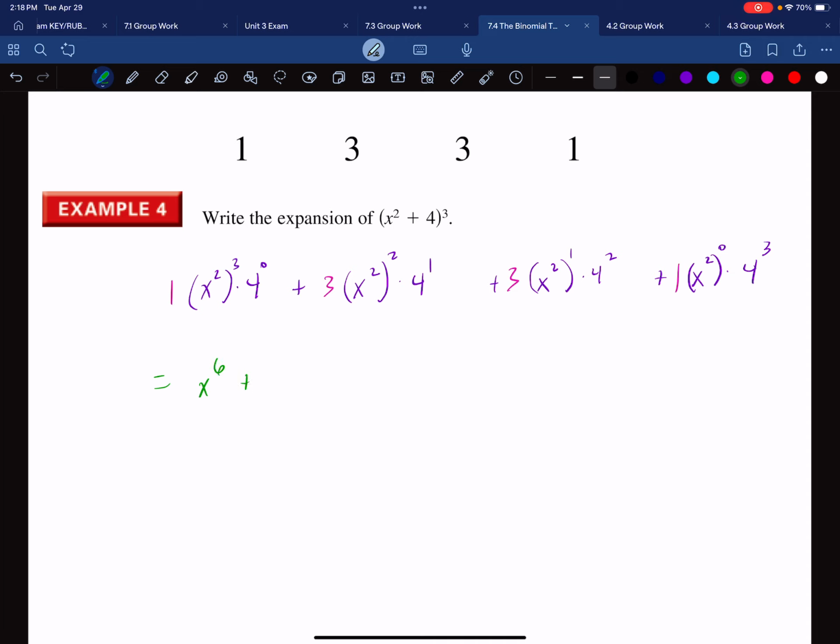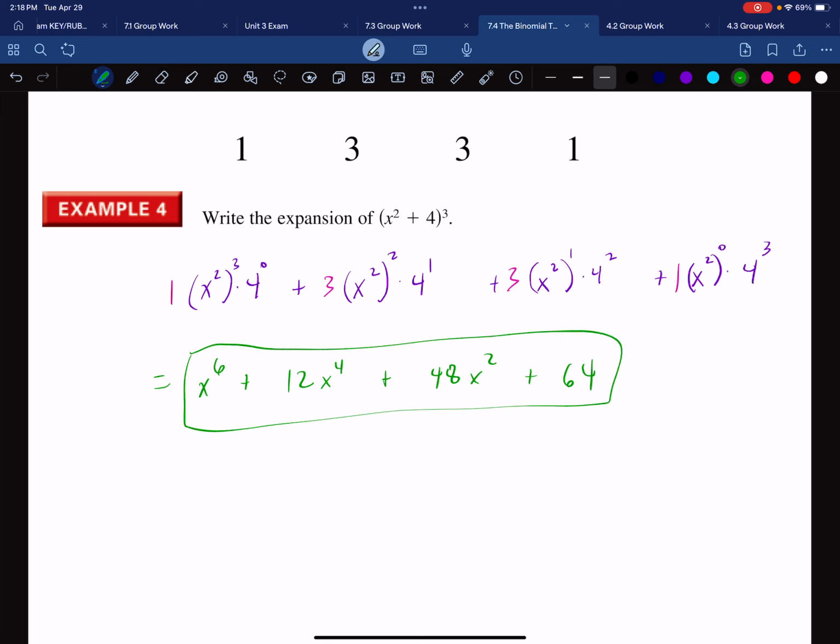Plus 4 to the first is 4, but we have that coefficient of 3 as well, so 4 times 3 is 12, x to the fourth, plus 4 squared is 16, but we still have that coefficient of 3, so 16 times 3 is 48, x squared, plus, and then x squared to the 0 is just 1, but 4 to the third, 4 times 4 times 4 is 64. Right, and there's our final expansion.